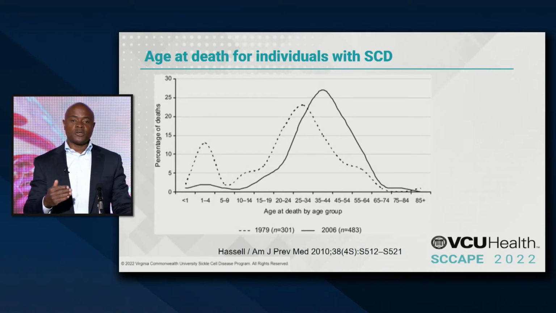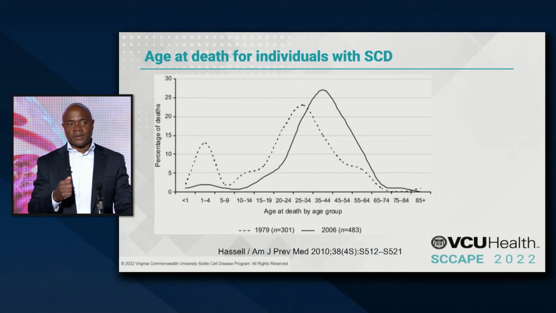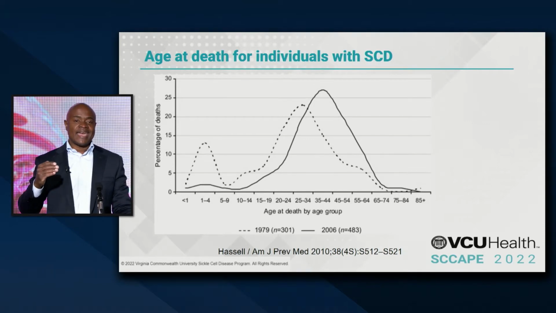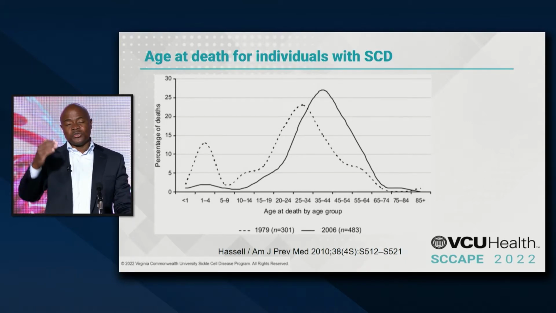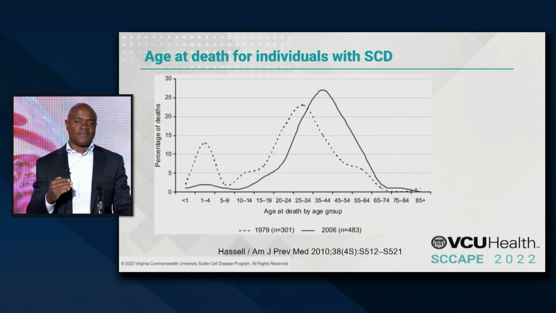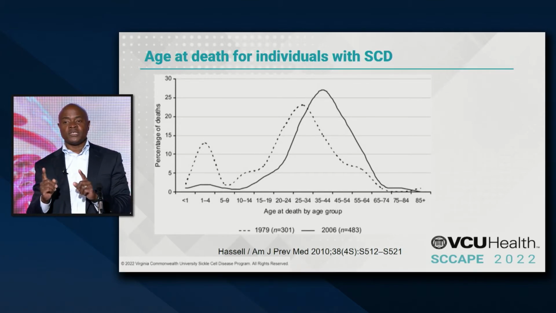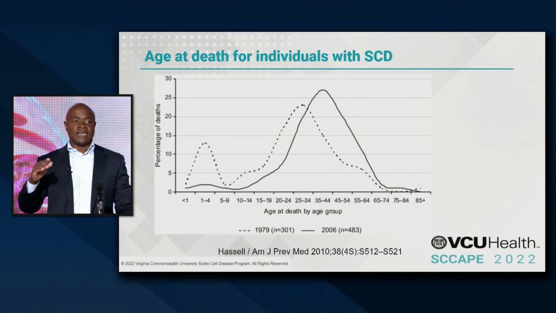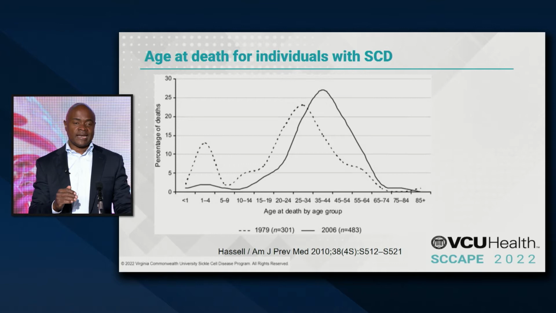And they have also learned how to monitor children with sickle cell disease who may be at higher risk of developing a stroke. And if they find that there are children who are at higher risk of developing a stroke, then there are interventions that can be made to decrease that risk of having a stroke. So those two interventions are responsible for this blunting of that first wave of increased mortality.